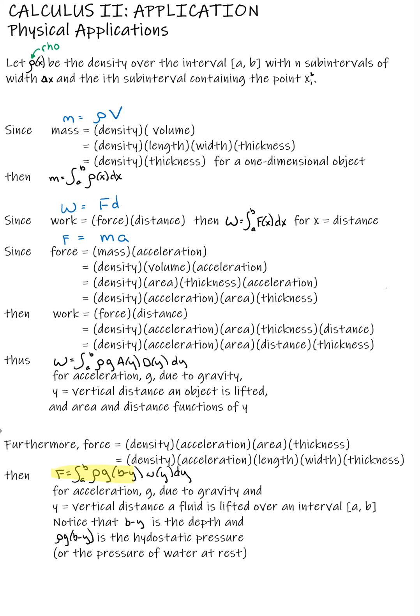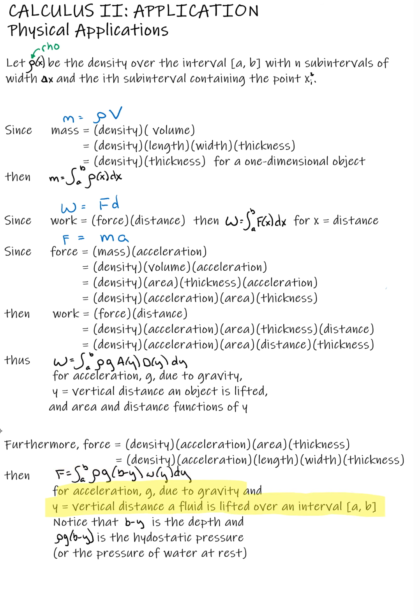Density, gravity, length is b minus y, width is a function of y, and then our thickness is our differential dy. So again, this is for the situation where acceleration is due to gravity, y is the vertical distance, and we're specifically looking here at fluids lifted over an interval.